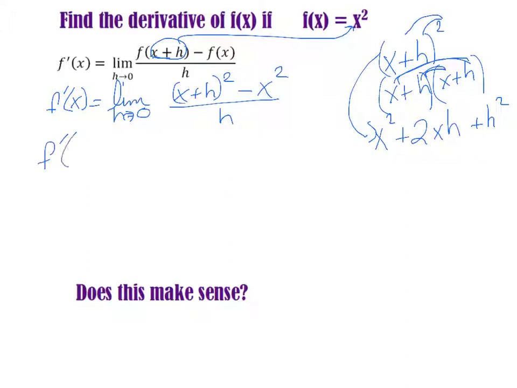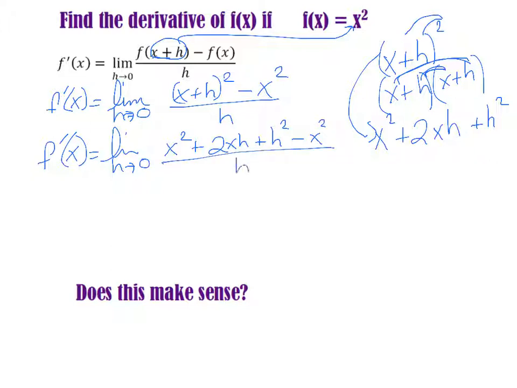Going to clean this thing up. The derivative is the limit as h approaches 0 of, this is squared out, x squared plus 2xh plus h squared minus x squared all over h. X squareds are going to cancel. Notice that everything that's left has an h.